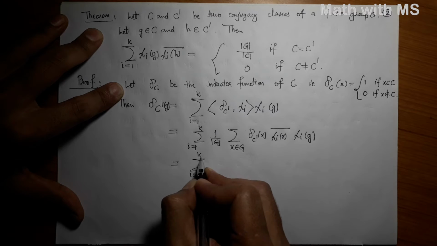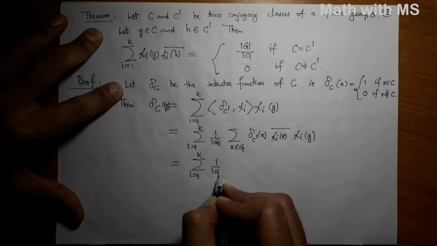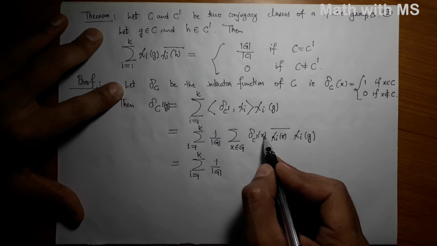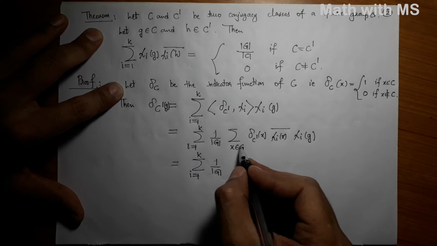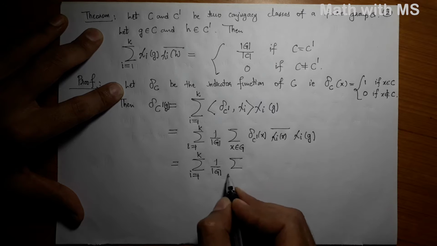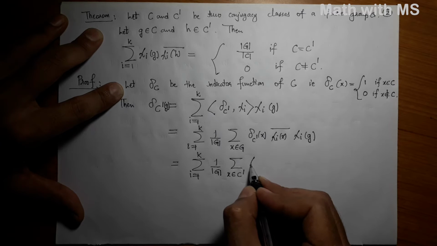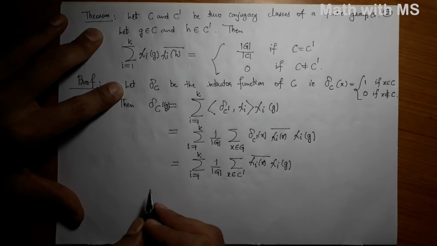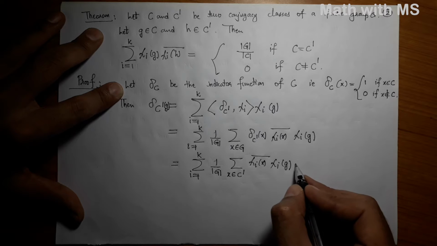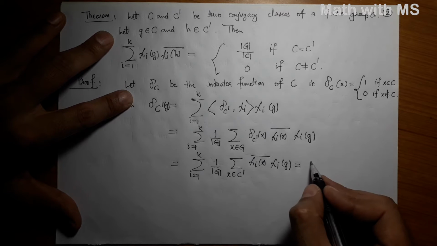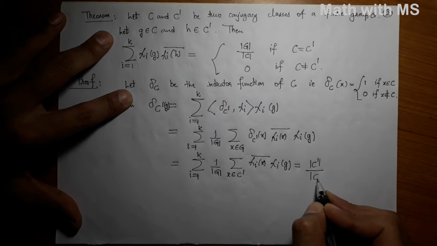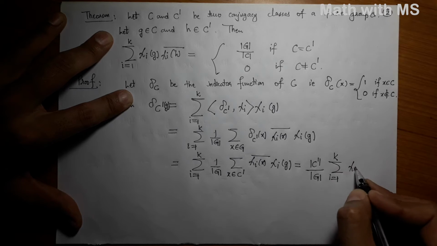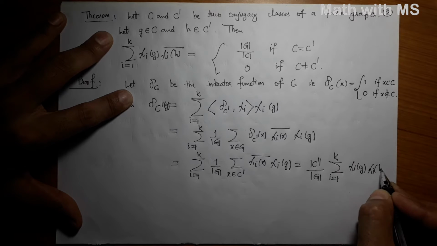This is the same as 1 to k, 1 by order of the group G. I know that delta C prime survives only if and only if x is in C prime. So therefore this sum will run only over x in C prime, and now it becomes chi i of x bar and chi i of g. Right? But this is the same as order of C prime by order of the group G. I can take them out, and summation i going from 1 to k, chi i of g into chi i of h.